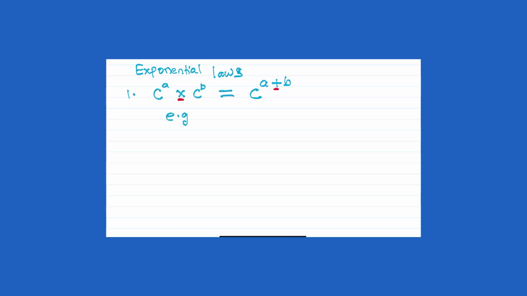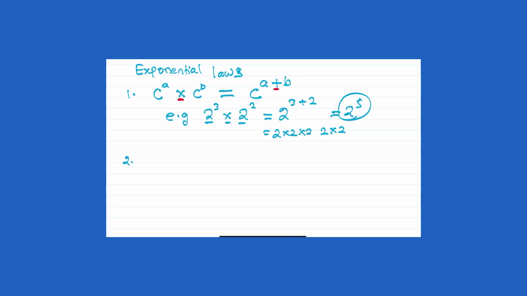E.g., we have 2 to the power of 3 and 2 to the power of 2. You can see the base value is 2, and this is multiplication, and this will be 3 plus 2, and that will be 2 to the power of 5. So instead of us doing 2 times 2 in 3 places, and 2 times 2 in 2 places, we arrive at our answer right on time.